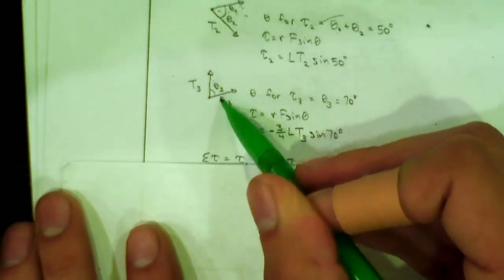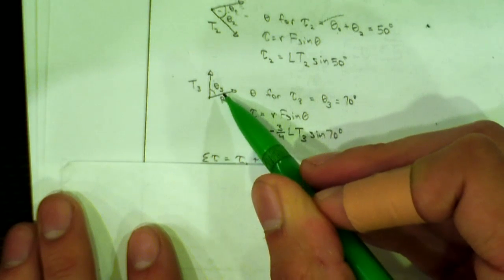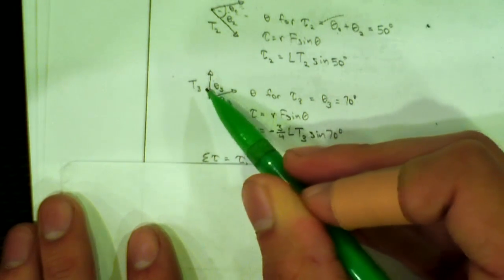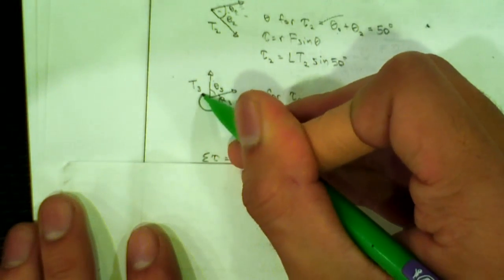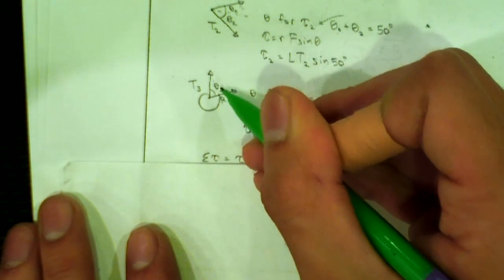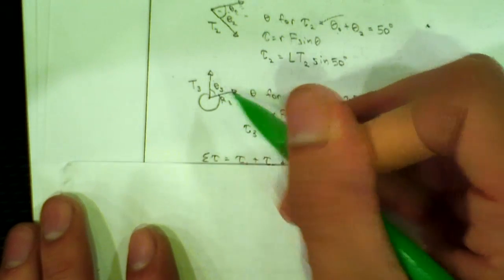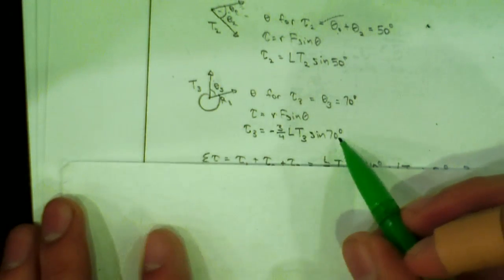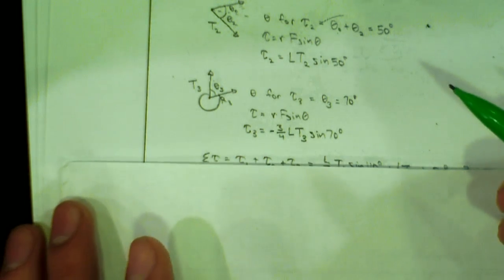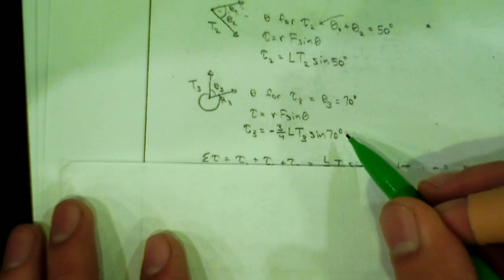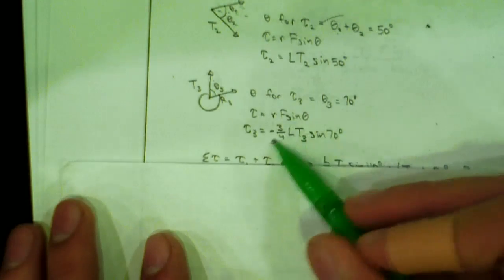But when we get to T3, we need to go from R and go clockwise until we hit T, right? So this angle is actually 360 minus theta 3, right? Now if you did sine of 360 minus 70, that's sine of 290. If you do sine of 290, you'll get the same value, only negative.